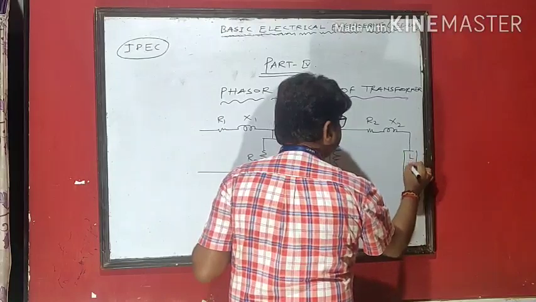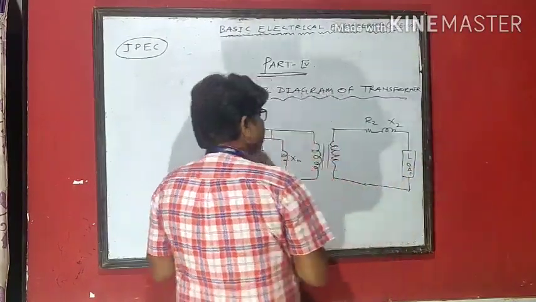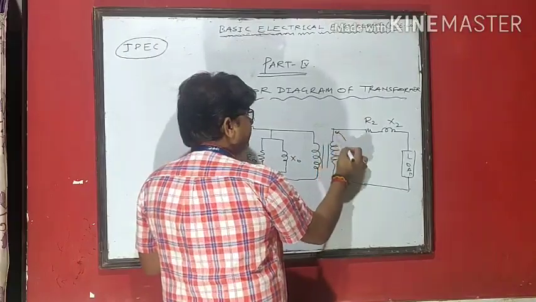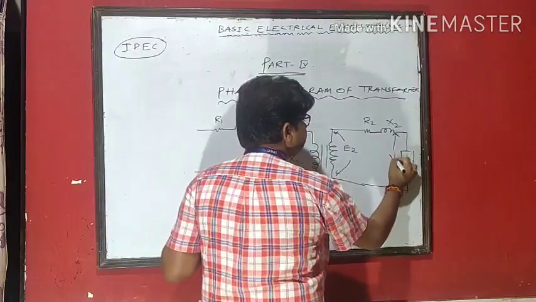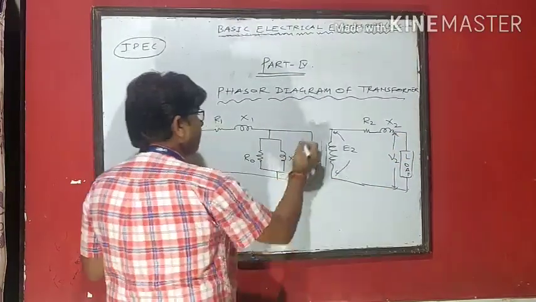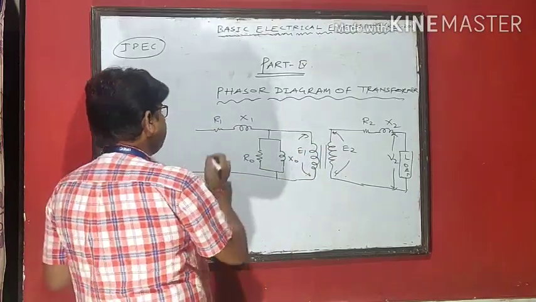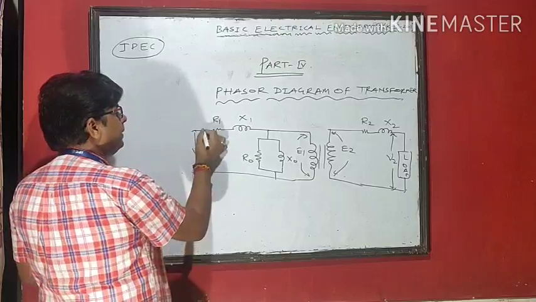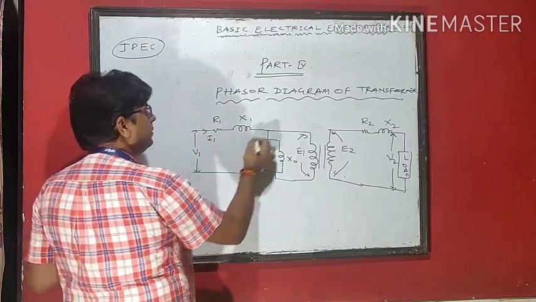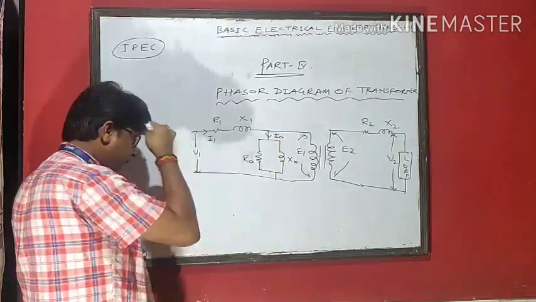Here load is connected. Here EMF E2, here voltage V2, EMF E1, here supply voltage V1, primary current I1, here is I0, that means this is no load current.